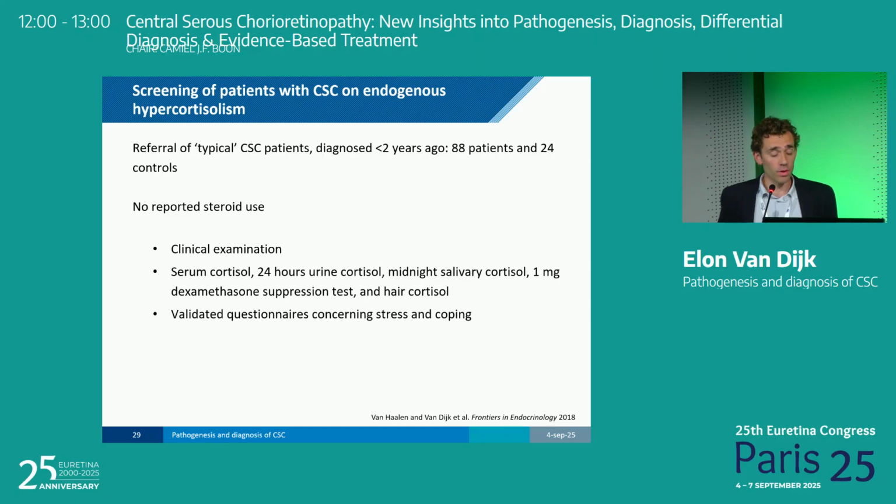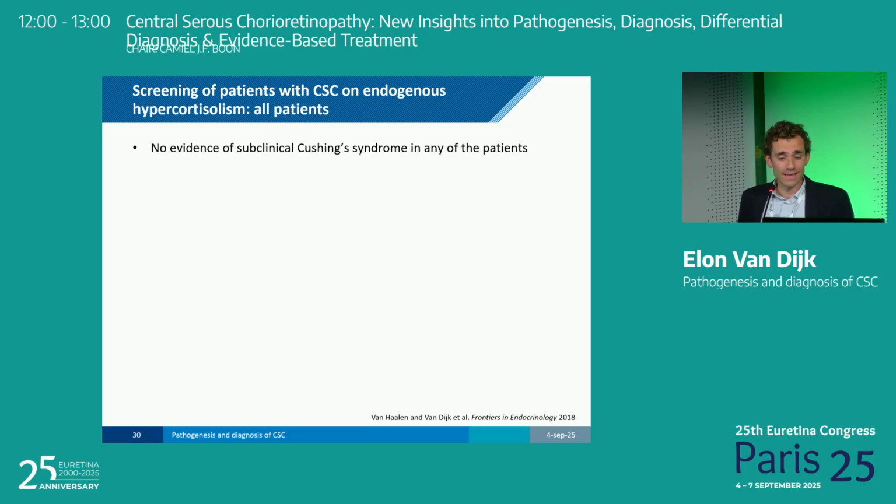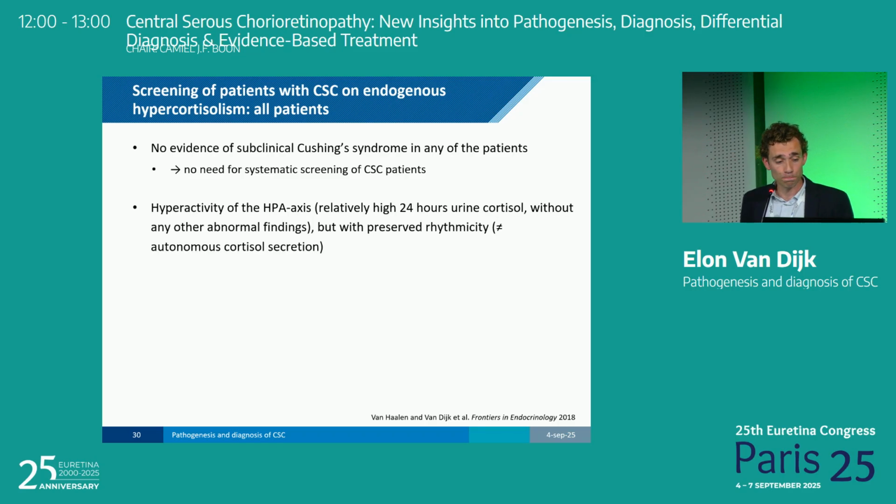We did a clinical examination, we took blood samples, saliva samples, and we did a validated questionnaire. And we didn't find any, let's say, clear signs of Cushing syndrome in any of the patients. So we then think that there's no need to do systematic screening for Cushing syndrome in all patients, but sometimes you would have an indication to do so.